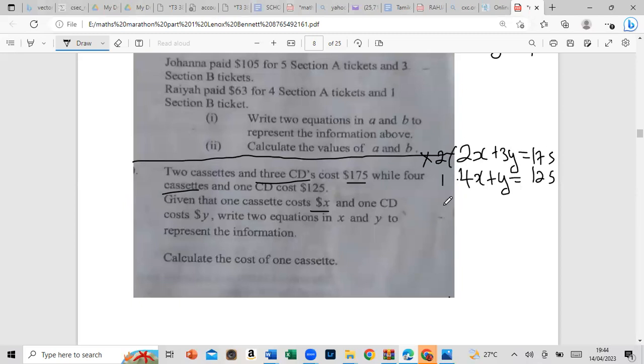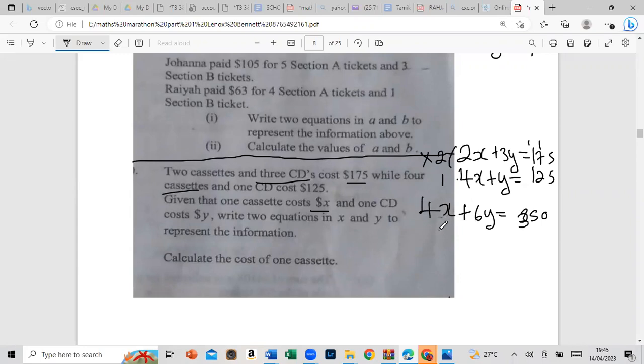So 2 times 2x is 4x. 2 times 3y is 6y. 2 times 175, that's 350.